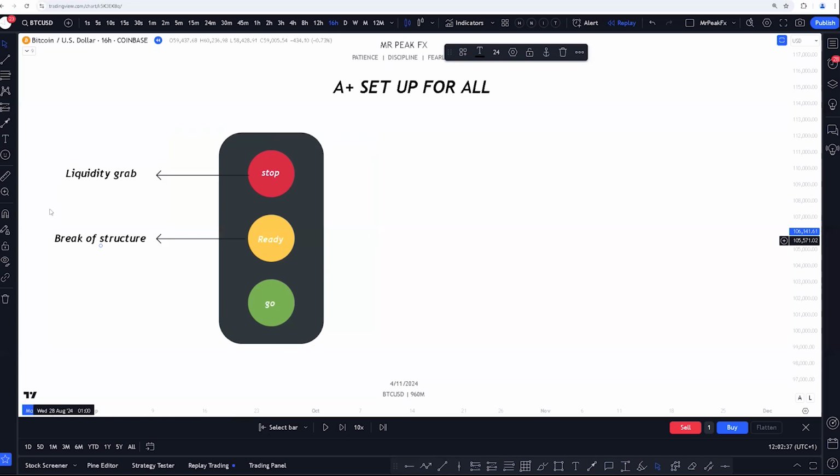Now, what is the green? The green is not you executing the trade. No, the green is inducement, or engineered liquidity.